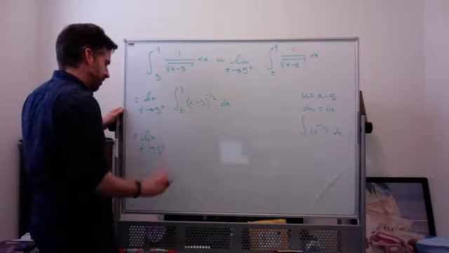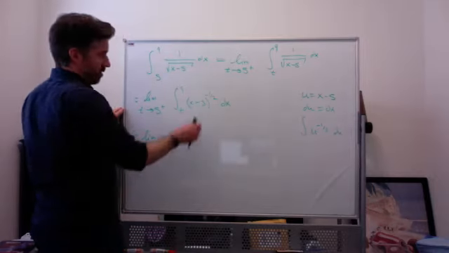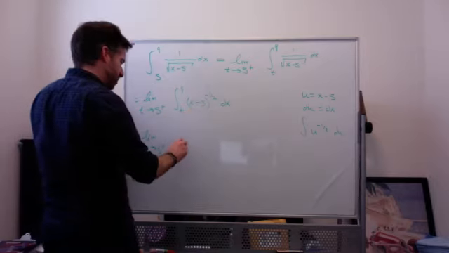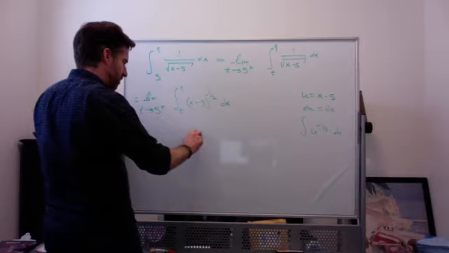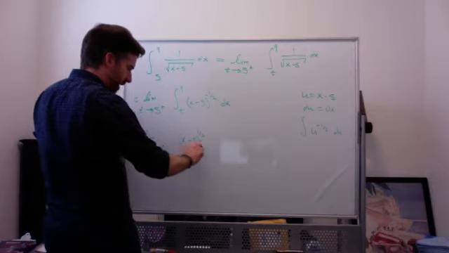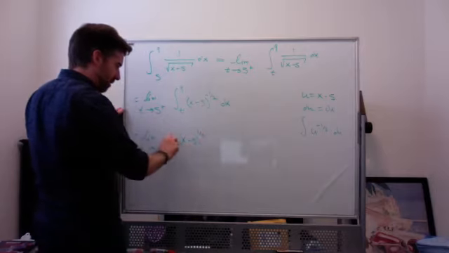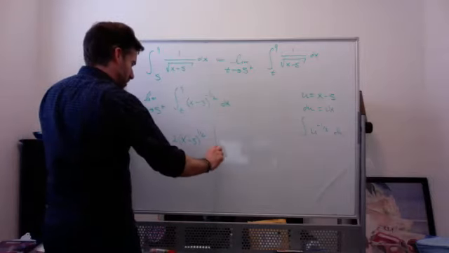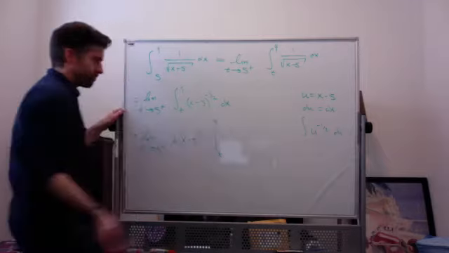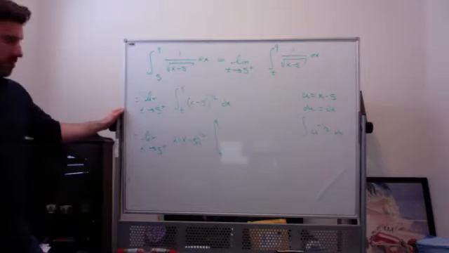So the limit is t approaches 5 from the right. And the integral of x minus 5 to the negative 1/2, I'm just using the reverse power rule, meaning x minus 5 to the positive 1/2 divided by 1/2, which is the same as multiplying by 2, from t to 9.